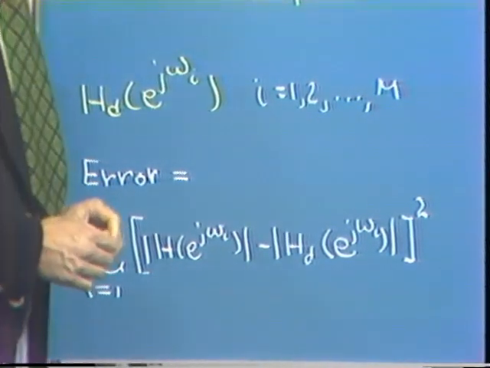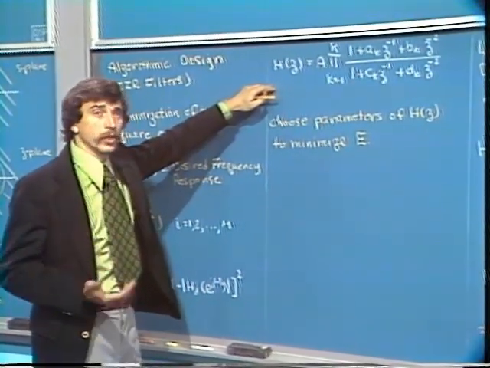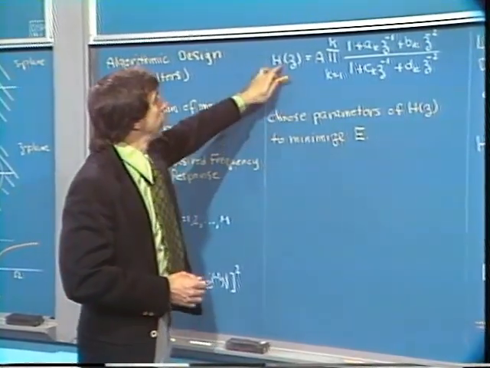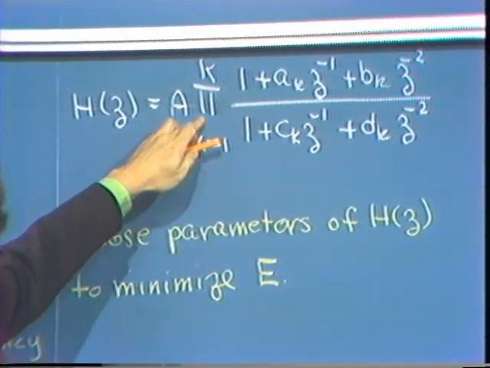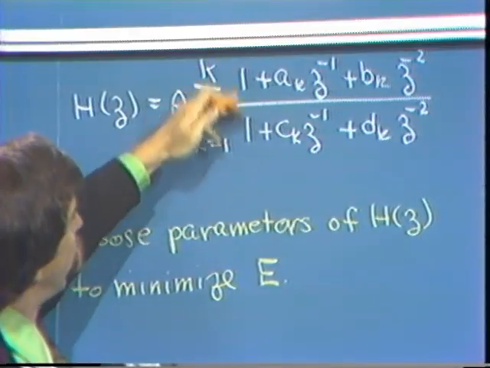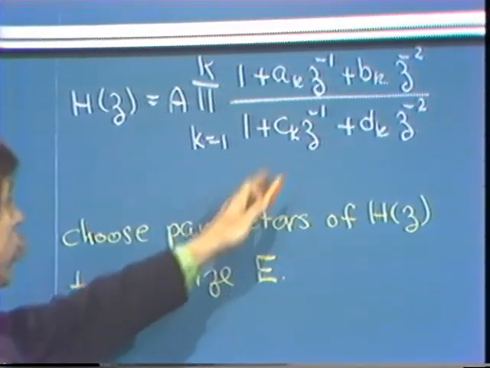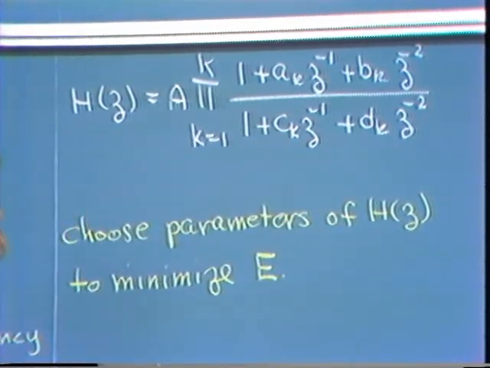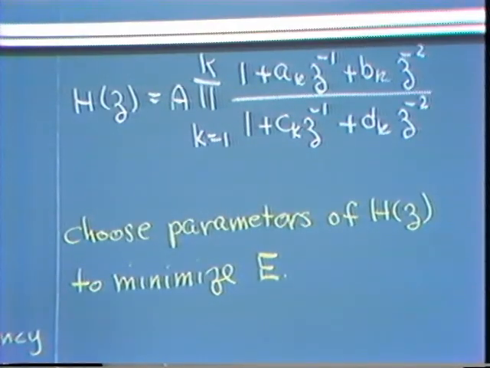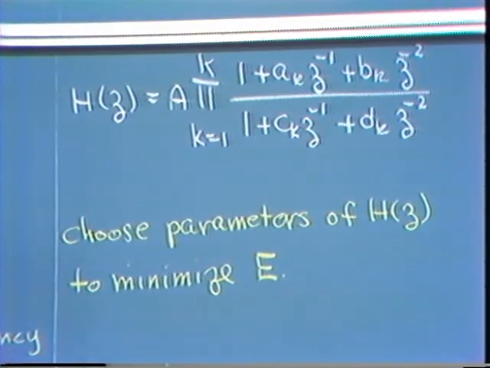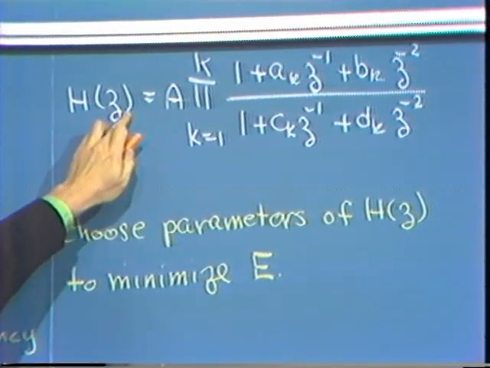The general form for H is a rational function. That's what we've been restricting ourselves to throughout the discussion. It's a rational function of z, expressed, for example, in cascade form involving second-order sections, that is, two coefficients for the zeros and two coefficients for the poles, with capital K sections altogether. So basically what the procedure consists of, somewhat brute force, is to specify the order of the filter.